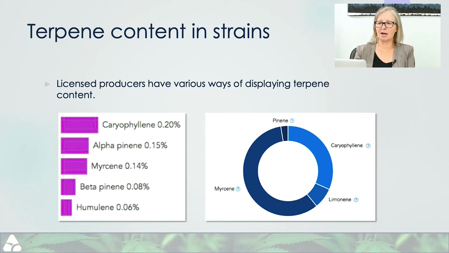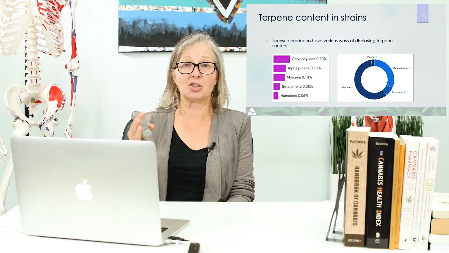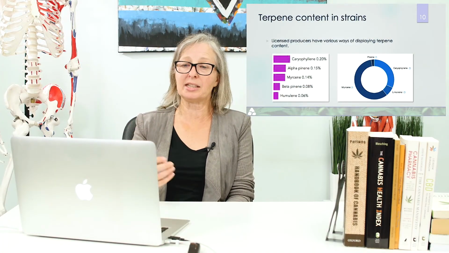So on the example that we have here, we'll see that myrcene is very predominant in this particular strain, and then the next predominant terpene is caryophyllene, and it's got a little bit of limonene and a very small amount of pinene in there as well. So that's not really showing you what the percentage of those are, but it's just comparing the top 4 or 5 terpenes to each other, so you can see what's most prominent in there.